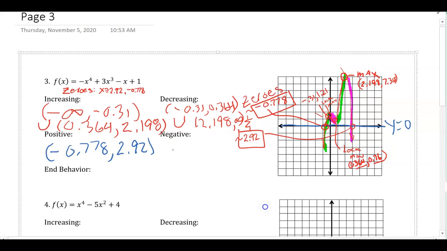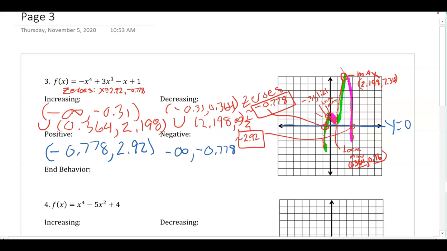It is negative from negative infinity to my first 0 at negative 0.778, and union of sets from my second 0 at 2.92 on to positive infinity. Negative below, positive above the x-axis.